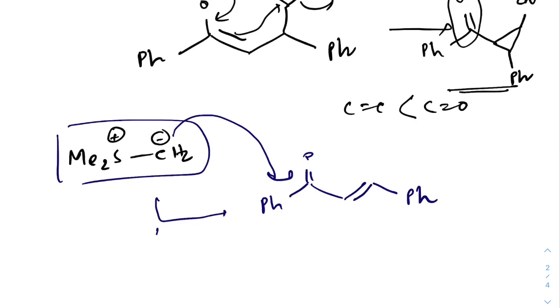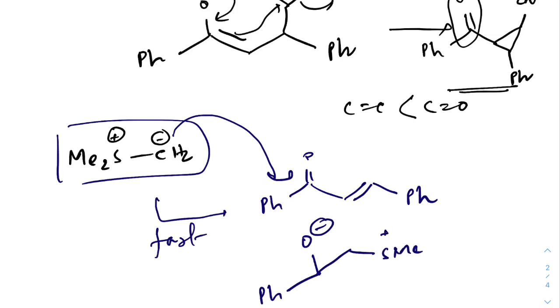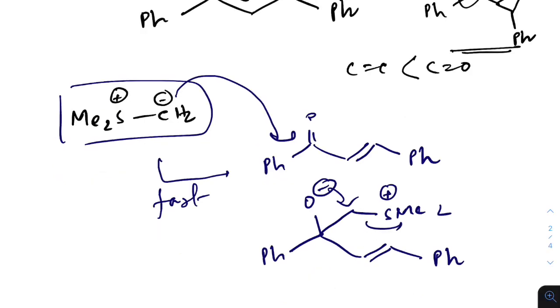Therefore, this is the first irreversible process. Therefore, the single product will be the epoxide following this type of mechanism as we have seen before. This will be the epoxide.